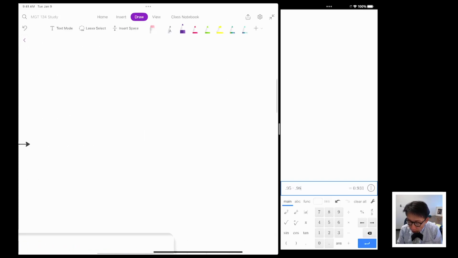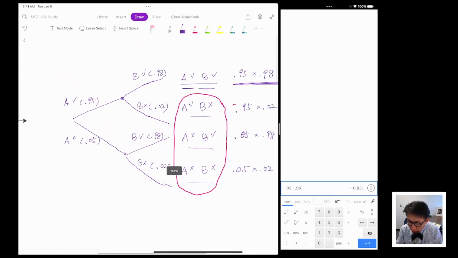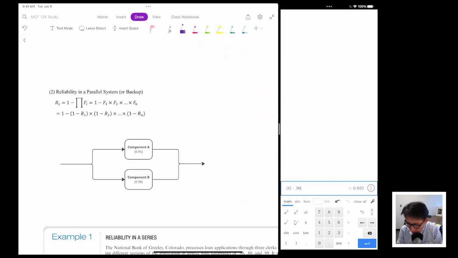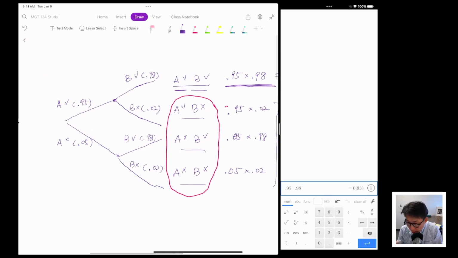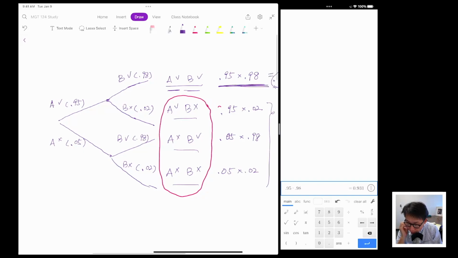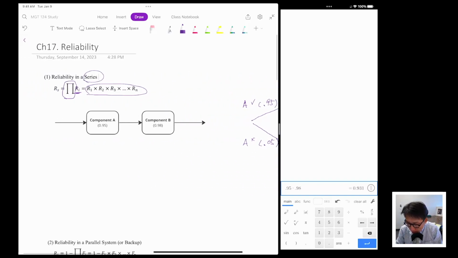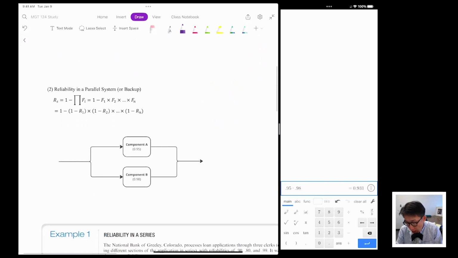So going back to this original illustration, because this is the same A-B component with the exact same reliability values. By definition, for a backup or parallel system, you need to ensure at least one is up and running. At least one is up and running.